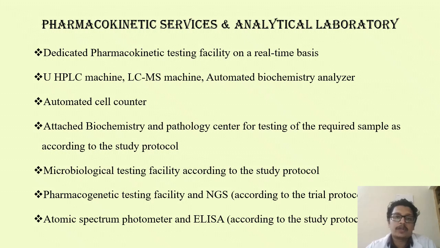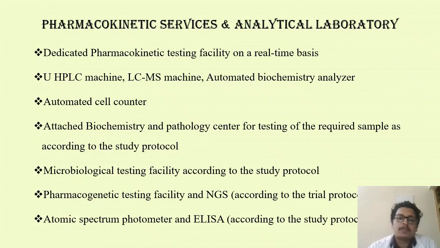So dedicated pharmacokinetic facilities should be available on a real-time basis. An ultra-high performance liquid chromatography machine or LCMS machine or automated biochemistry analyzer to test the serum concentration of the drug, or the monoclonal antibodies, or whatever the investigational medicinal product. There should be an automated cell counter.